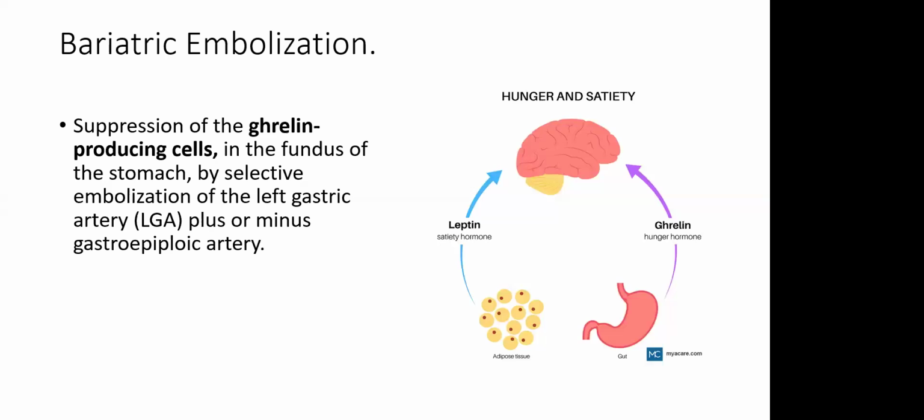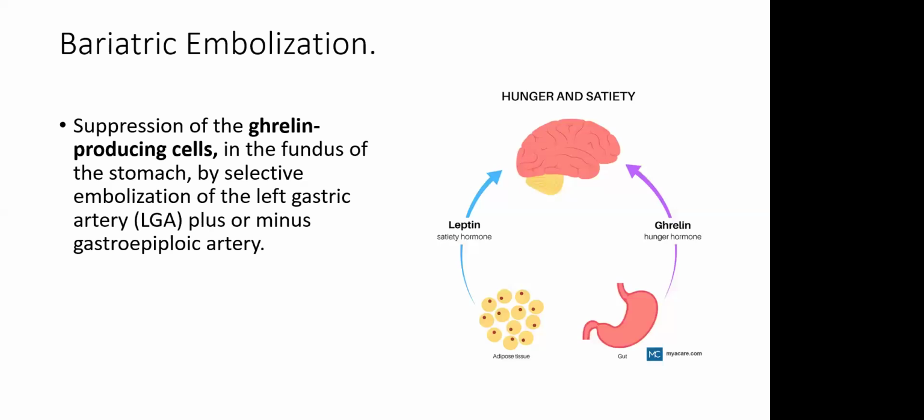And then we have bariatric embolization, and basically this is to suppress ghrelin production. This is a hormone that reminds your brain that you are hungry or satisfied. The center of production in the stomach is within the fundal region, and that area is supplied by the left gastric artery.